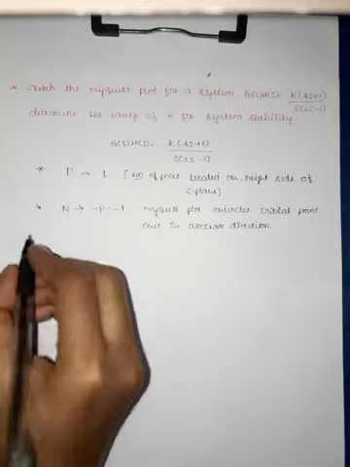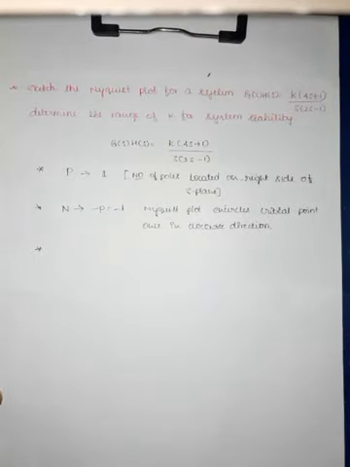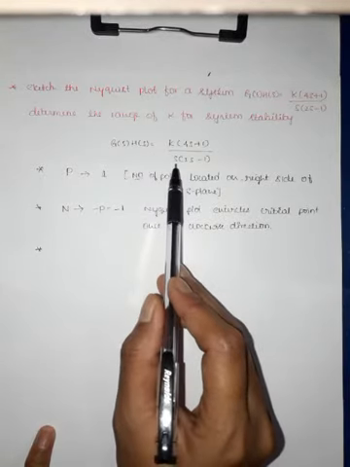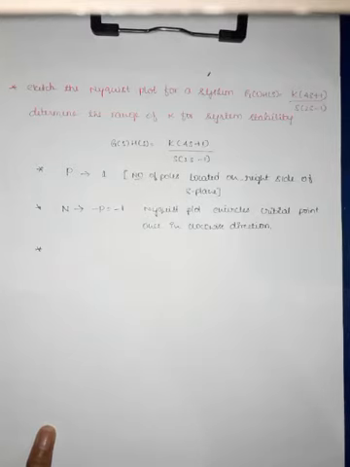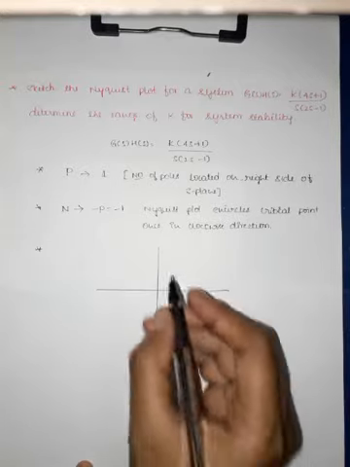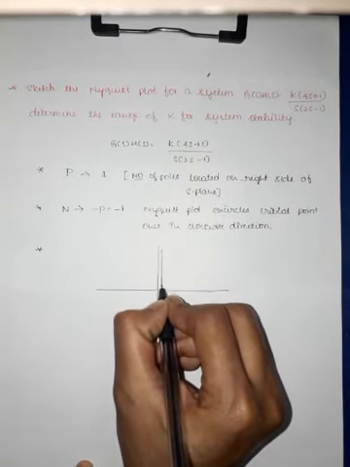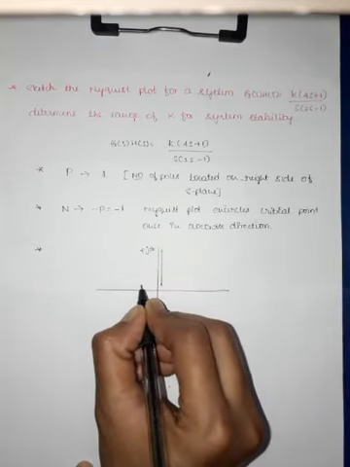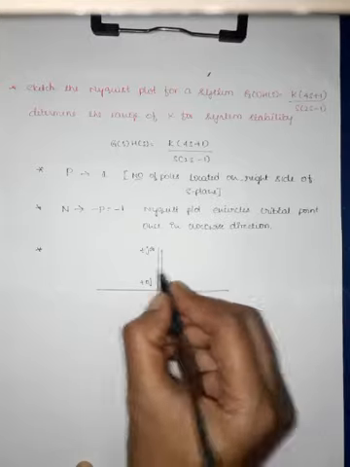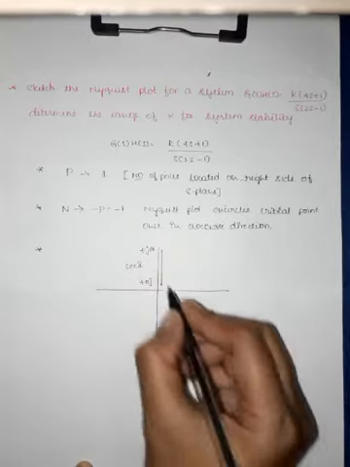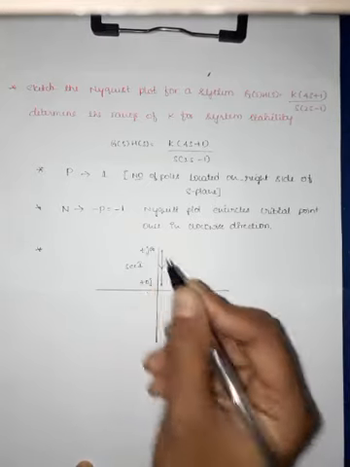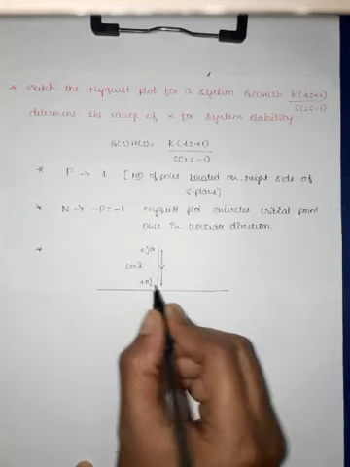Next we need to sketch the Nyquist path for the given system. Considering the open loop transfer function, we have one pole at the origin. Therefore the Nyquist path will be like this. The first section starts from plus infinity and ends at plus 0. This is section 1. The starting point is plus infinity and the terminating point is plus 0.